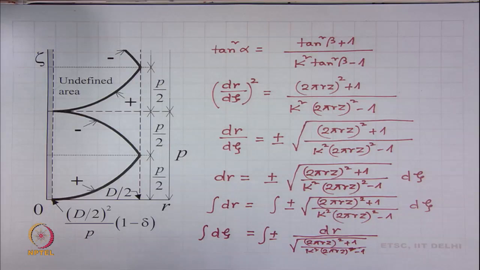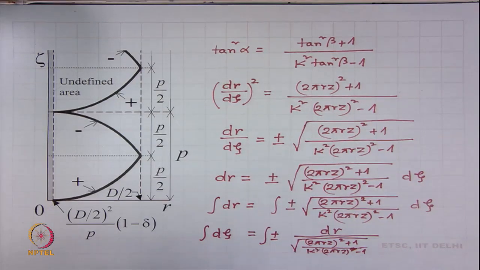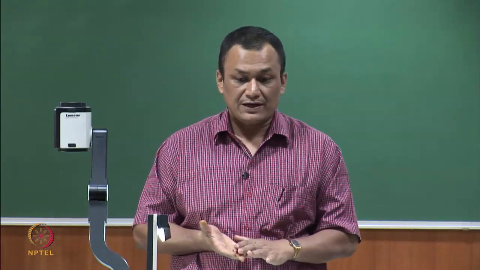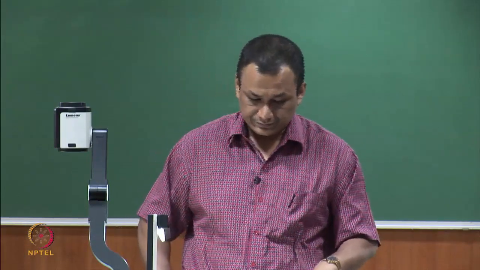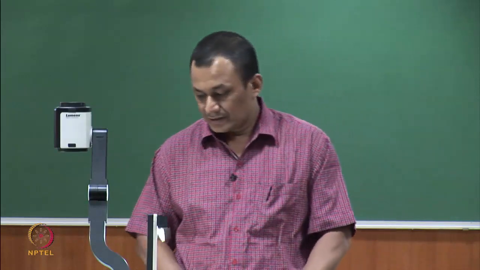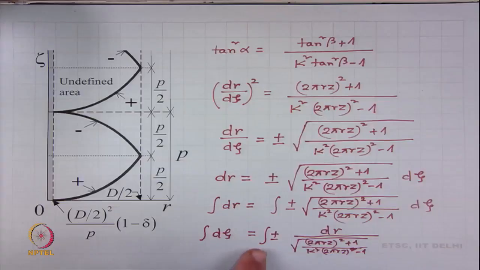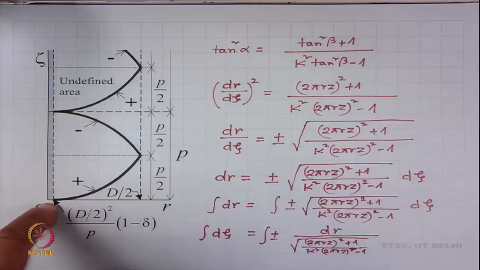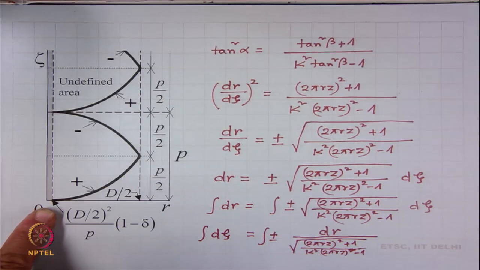If we integrate this, then we will be able to obtain the path of a migrating fiber. However, this integration does not have an analytical solution, it is an elliptical integral. This is one problem. Problem number 2, the fiber path is not defined at a very small radius.